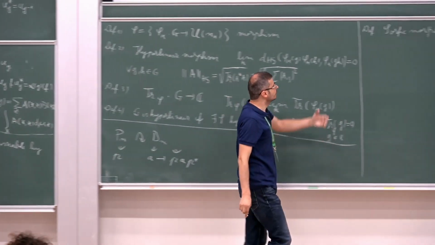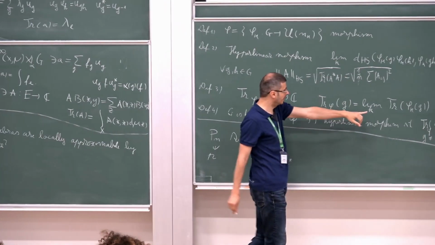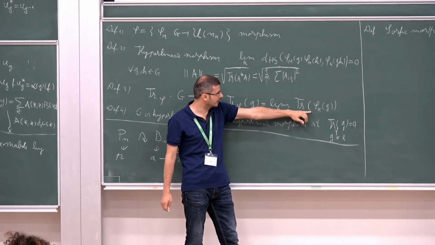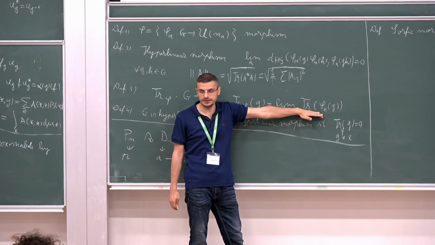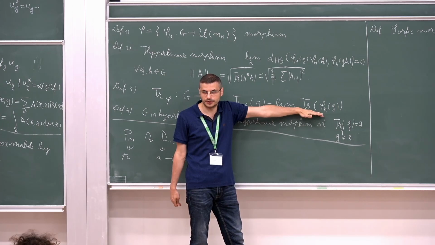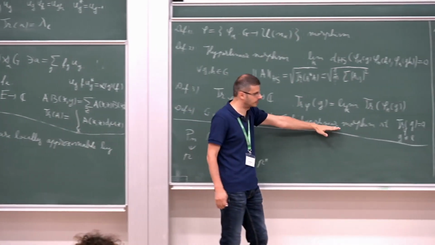In the same way, you can define the trace of a sofic morphism. The difference is that now you can interpret the trace as the number of fixed points of those permutations, because that is the trace of a permutation matrix. And the group is sofic if it has a trace-preserving sofic morphism.